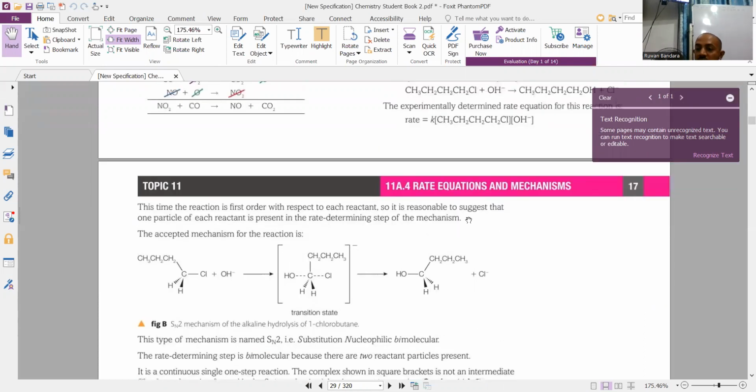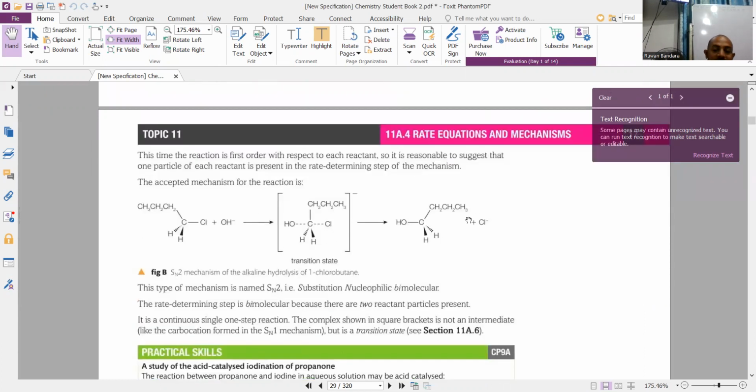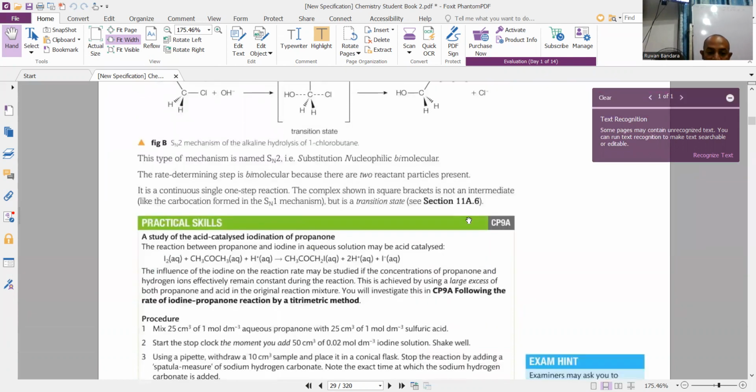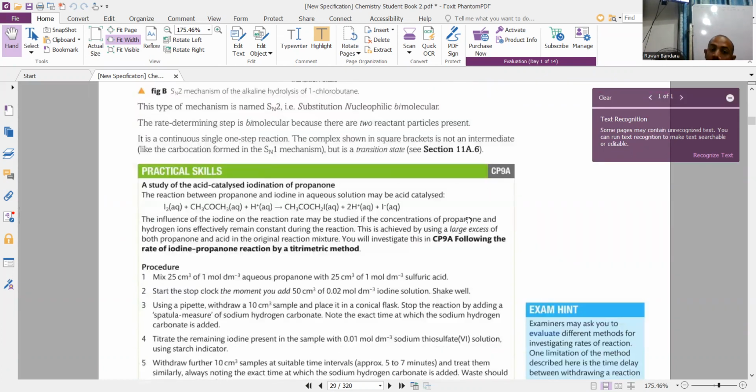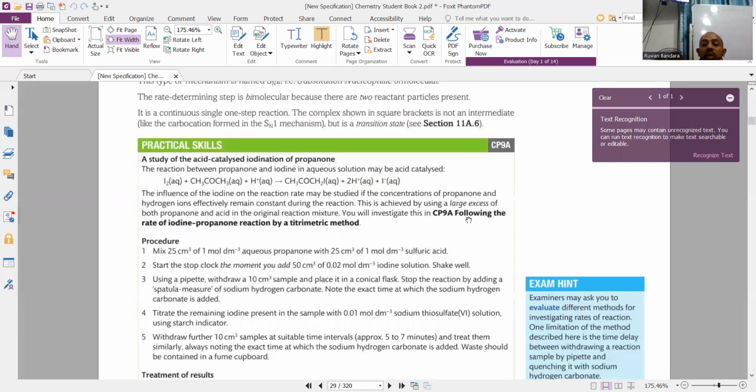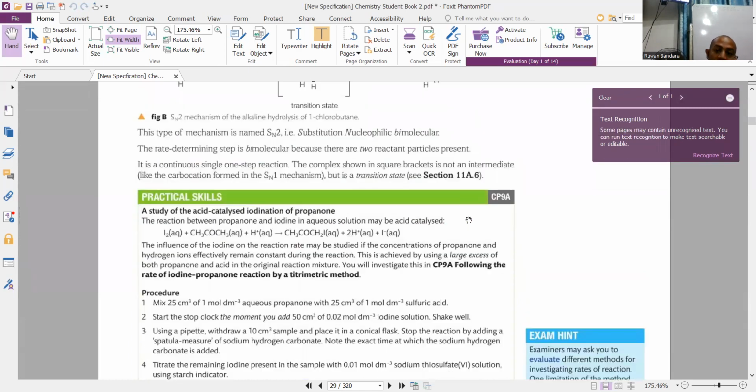Right. Page number 17, there you have a practical, the same practical we have discussed there. We did this practical on the first page, so for your reference you can put the page number as well.